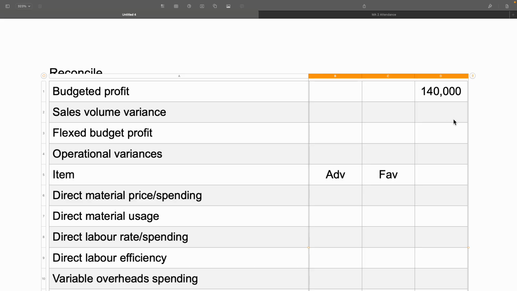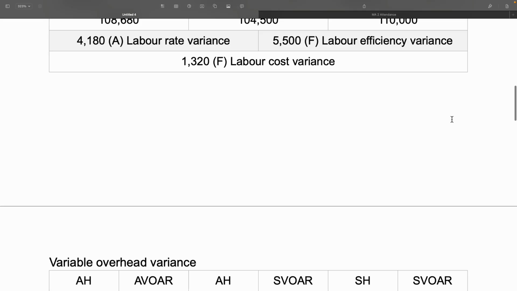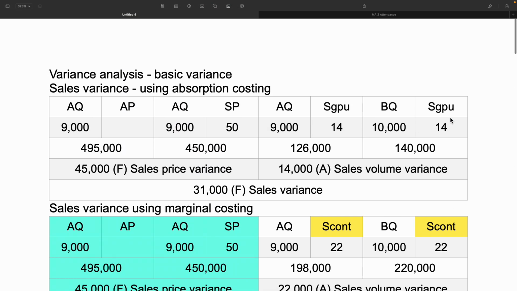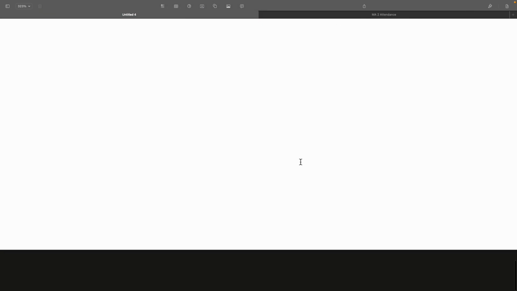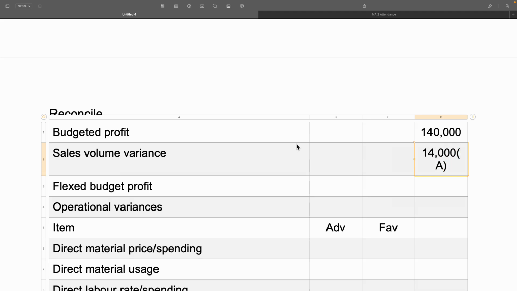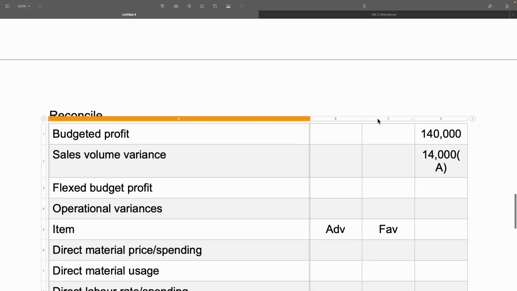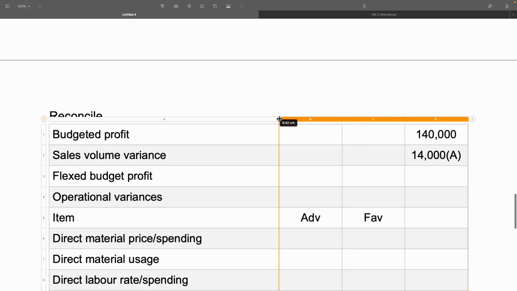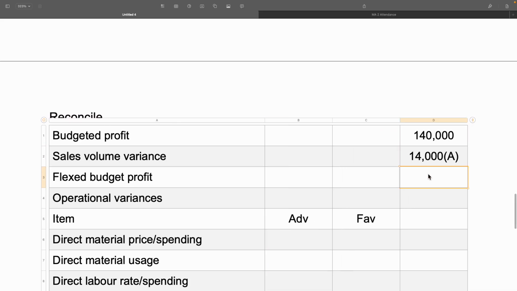Okay, then you have the sales volume variance, which is the one we calculated up here. We used the absorption costing one. We had 14,000 adverse. So this one is going to be 126,000.